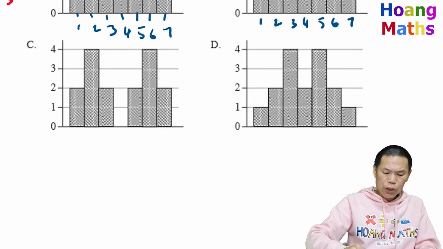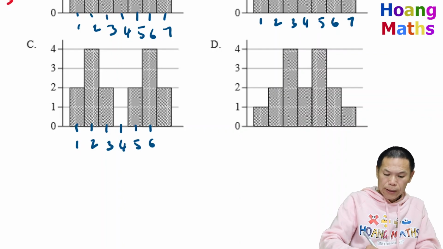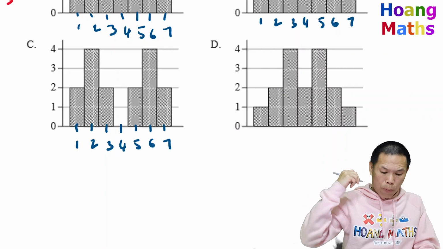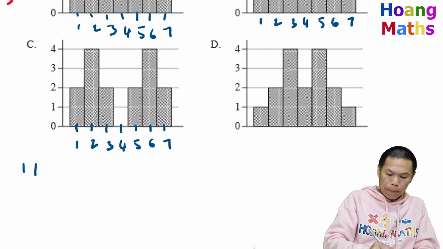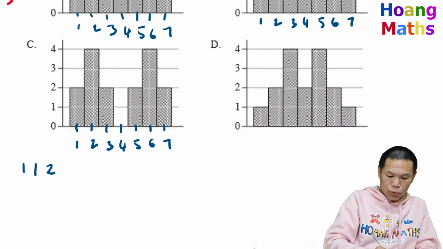Now let's check out option C. We have the scores 1, 2, 3, 4, 5, 6, 7. For a score of 1, the frequency is 2, so 1, 1. 2 has a frequency of 4, so 2, 2, 2, 2.